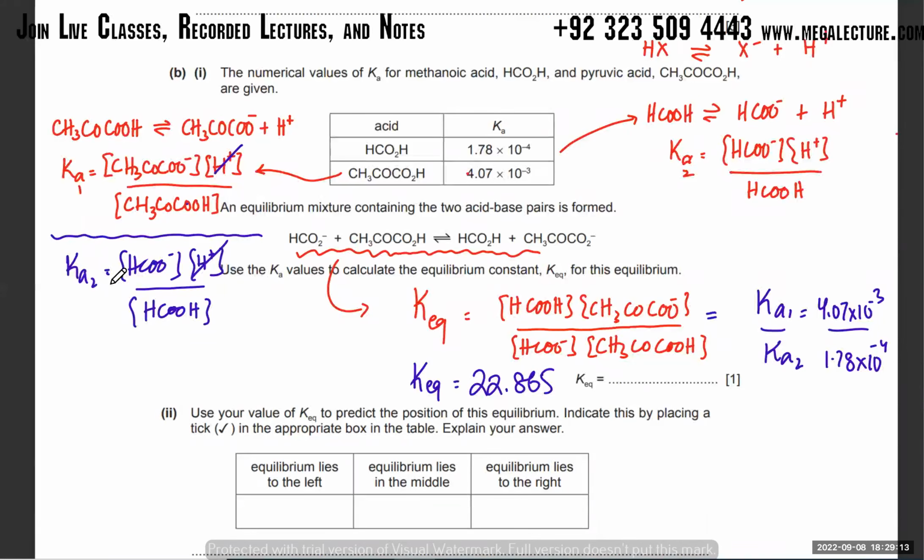So you get this expression. K1 is 4.07 times 10 power minus 3, and this K2 is 1.78 times 10 power minus 4.